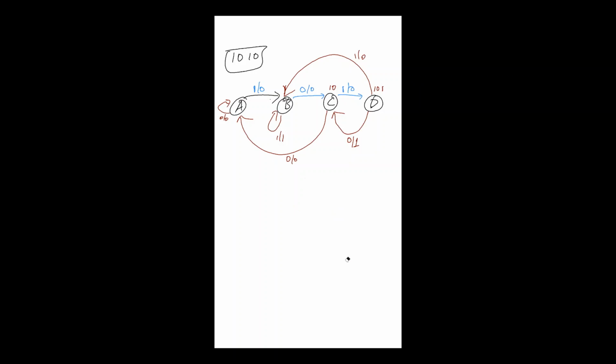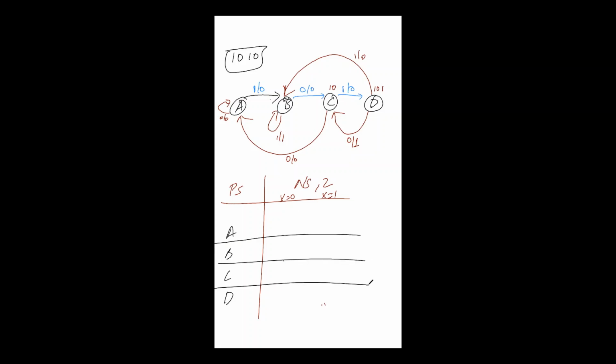What we will see is your state table. It consists of PS, the past state, next state, and output Z. The input X can be 0 or it can be 1. Past states are A, B, C, D, right?